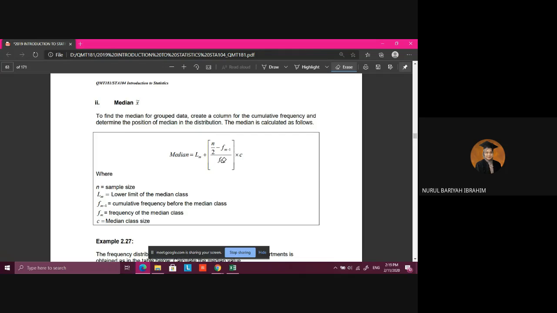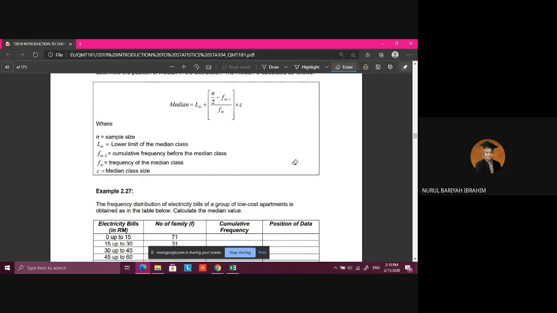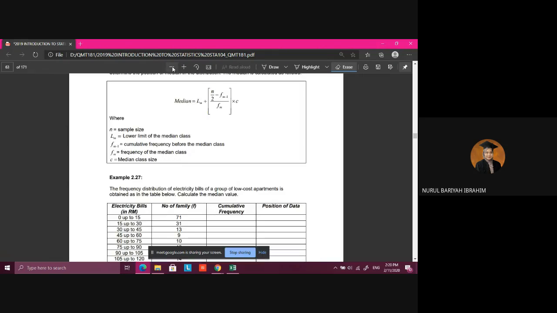Fm is the frequency for the median class, multiplied by the median class size. What is the class size? Remember? It is the range between classes.